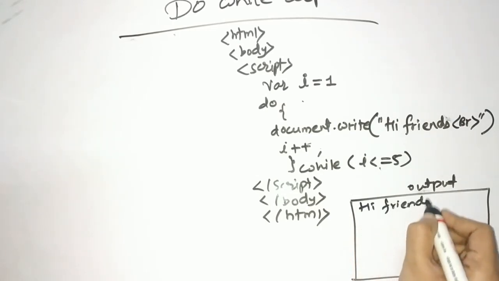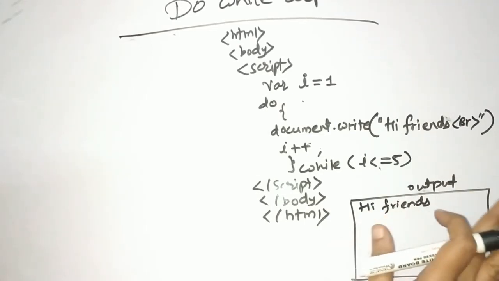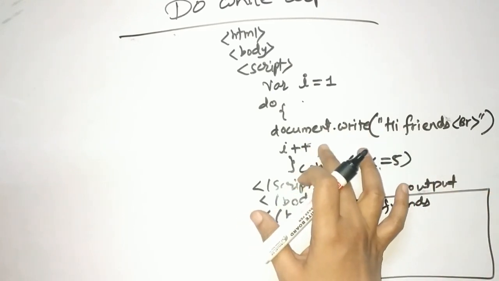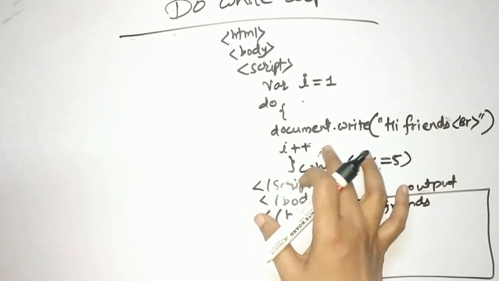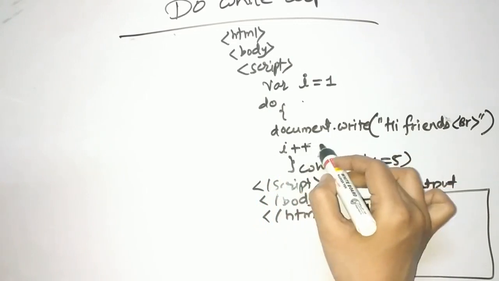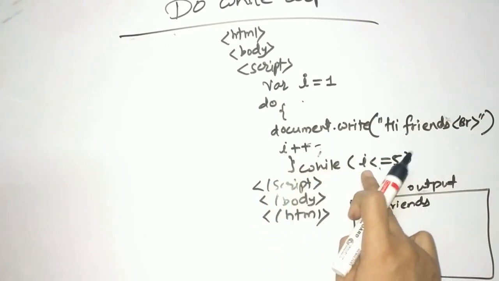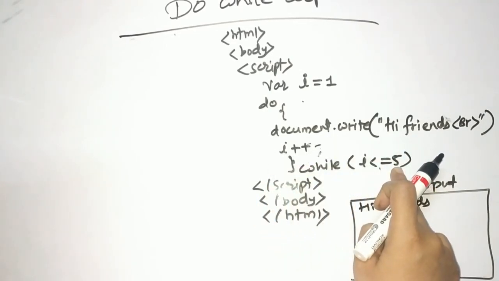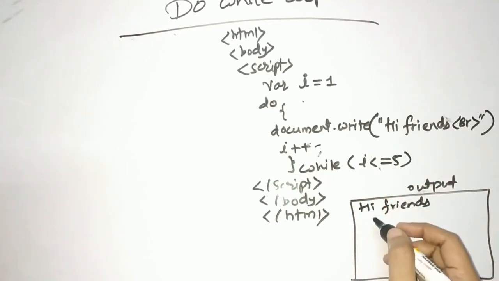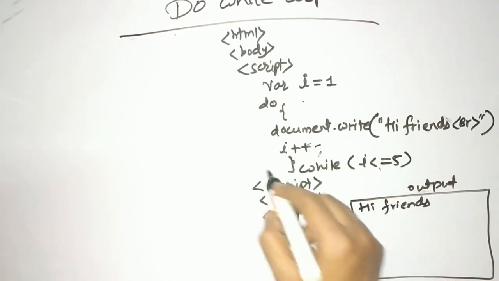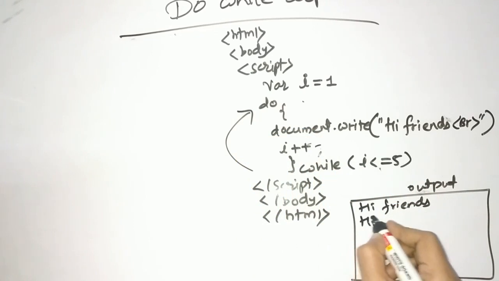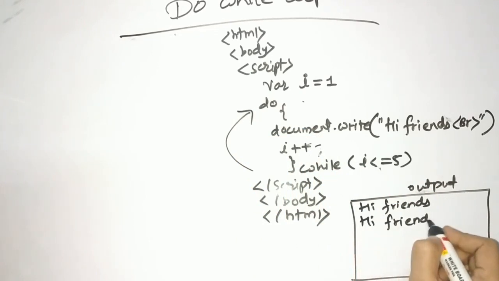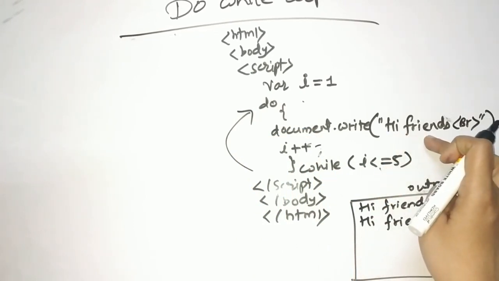This statement is printed without checking the value. Now i plus plus means i's value is 2 now. So it will go downside and check whether 2 is less than or equal to 5. So yes, 2 is less than or equal to 5. So it will again go and print hi friends.